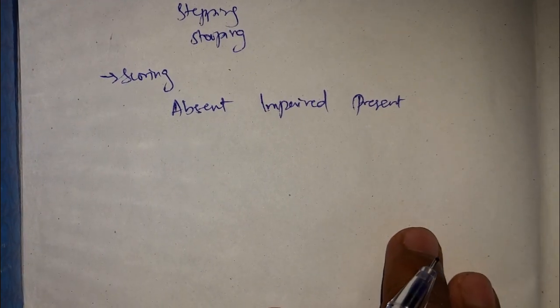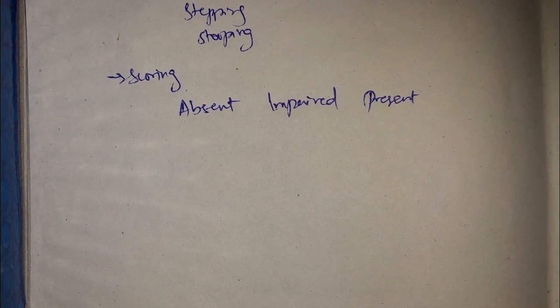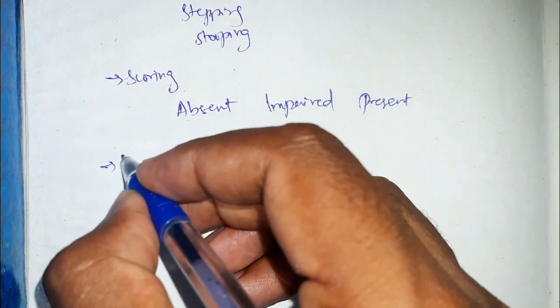And functional balance grade, that is 0, poor, fair, good, normal, like that we have. And also we have the Berg balance.